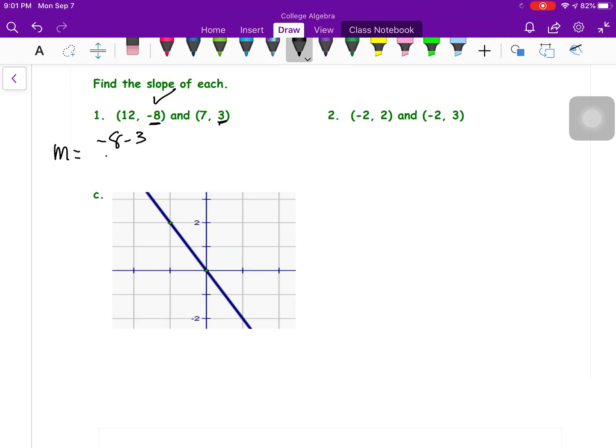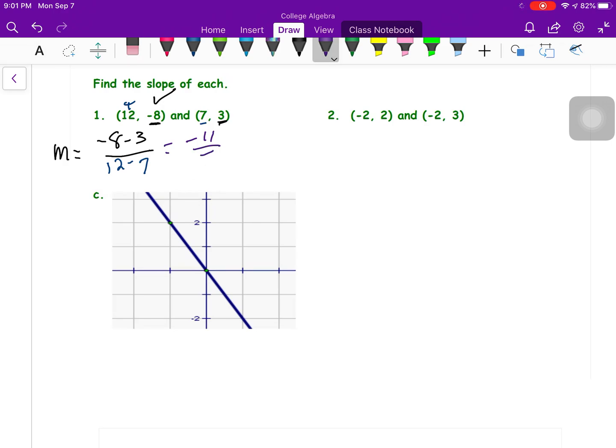Negative 8 minus 3. Since I began with this point, I must start with this x value. So 12 minus 7. And this gives me a negative 11 over 4. Nope, 5. Negative 11 fifths.